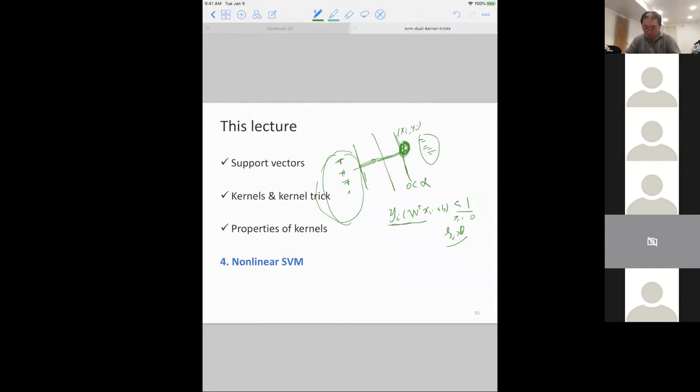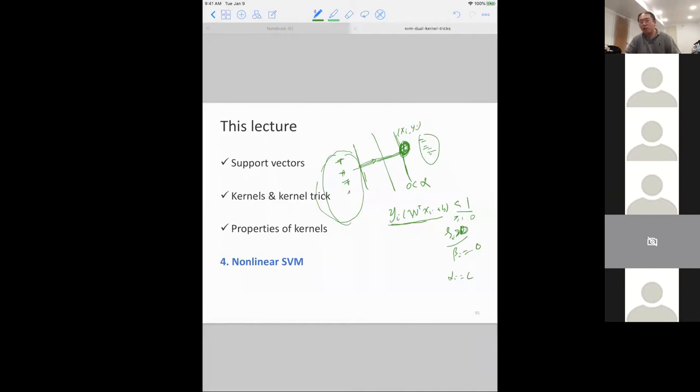Then from the complementary slackness, the corresponding slack variable is strictly bigger than 0.